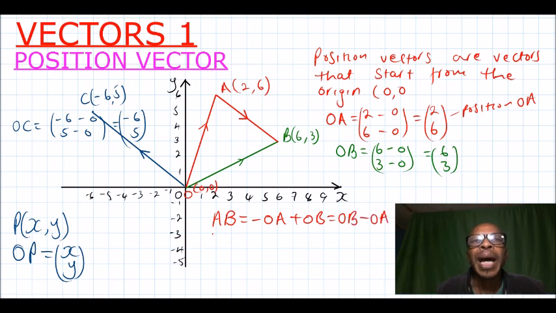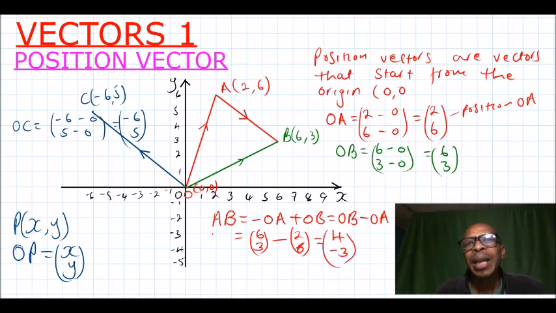Now we already have OB is 6, 3 and OA is 2, 6. So 6 minus 2 is 4, 3 minus 6 is minus 3. So you see now this is a column vector.